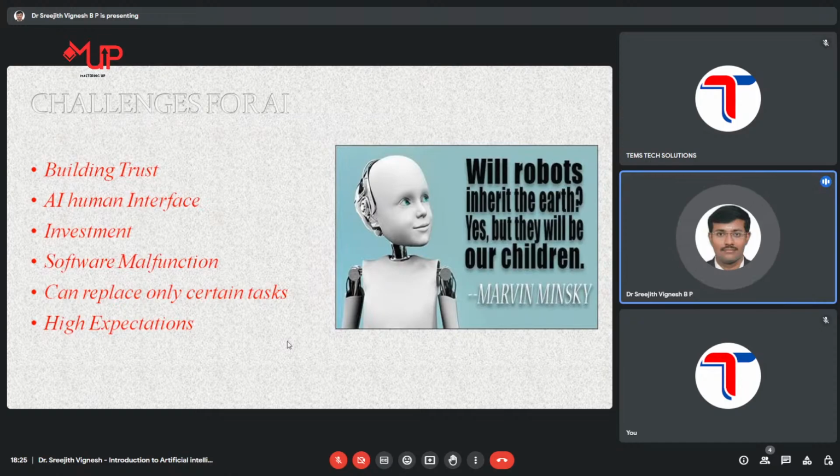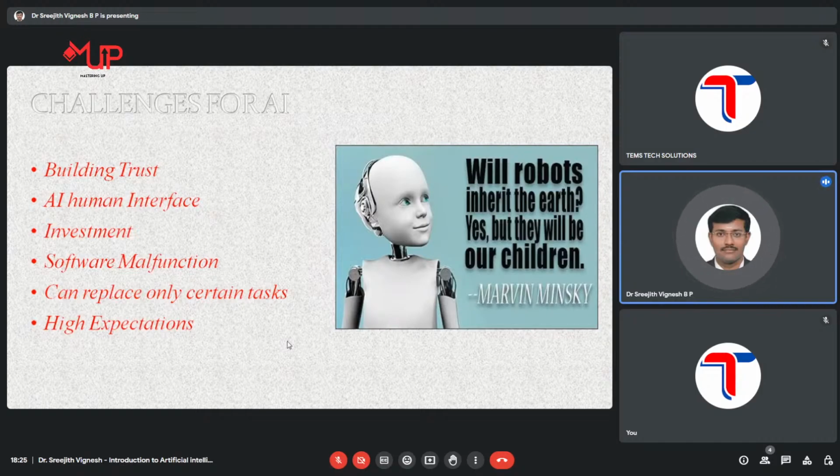We will not be happy, right? We humans always expect everything to be in our control. We should never allow any system to bypass us or carry its own thought and do things on its own. So building trust is a very major challenge of AI, and the AI-human interface should always interact with humans and find a solution for the problem.